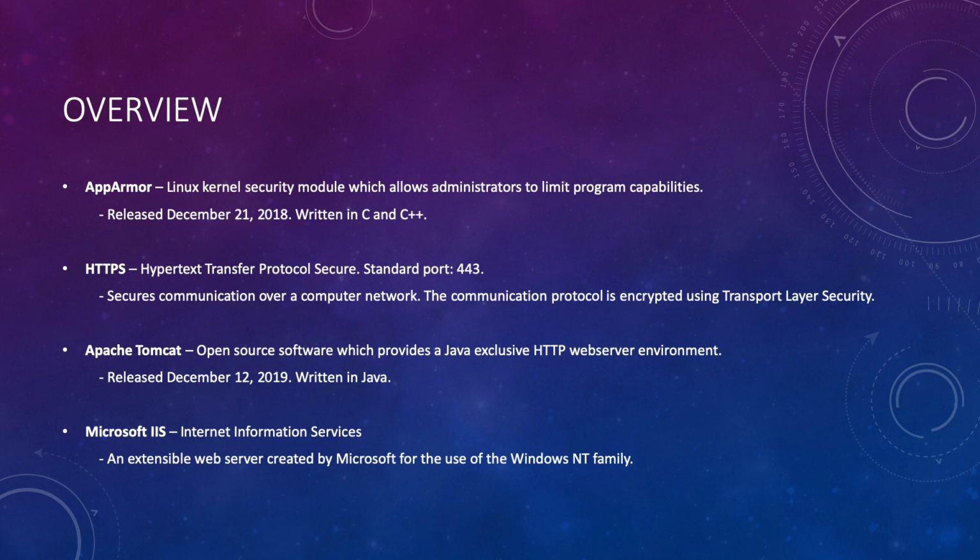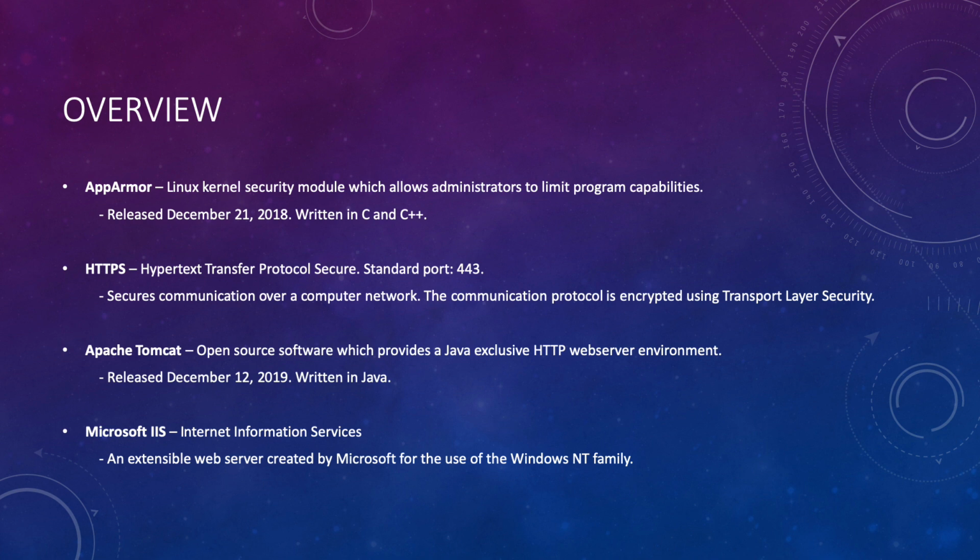We're also going to go over HTTPS, which stands for Hypertext Transfer Protocol Secure, which uses a standard port of 443, and this secures communication over a computer network. The communication protocol is encrypted using TLS, or Transport Layer Security.